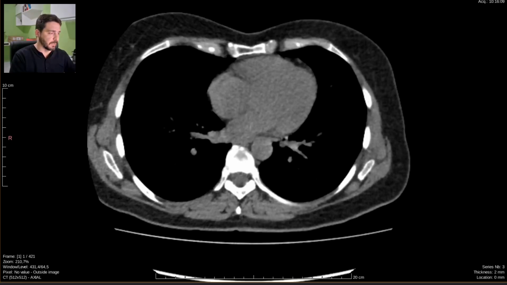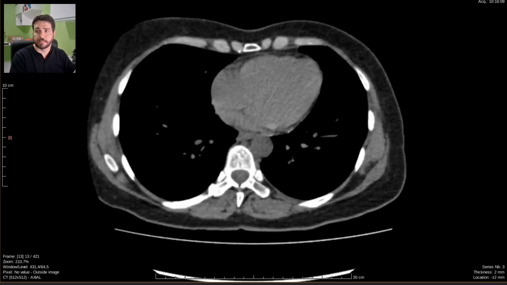So this is an enhanced CT scan, and we are going to do as we always do. I'm going to roll the images from up to down a few times so you guys can spot the disease and write down in the comments below. Okay, so let's start it.